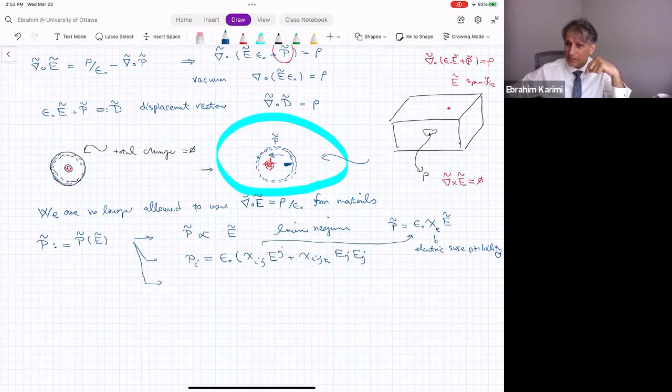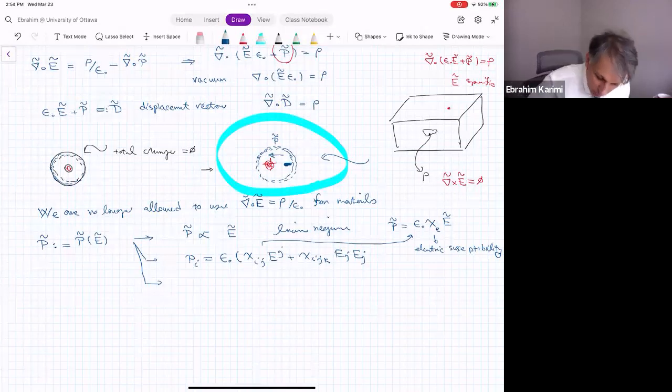And what is happening is that by applying the electric field, you will see that the response of the polarization will be way stronger. And it doesn't go with power of E, but it goes with power of 2 of E. So it will be E squared or E to the power of 3.